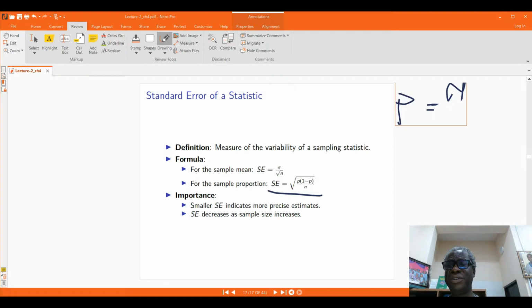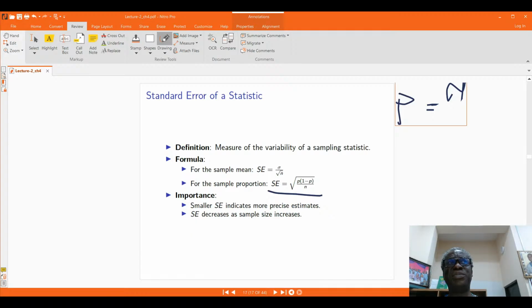So if in a class you have 10 students and 4 are females, then the proportion of females will be 4/10. So proportion is the number of successes over the population size.